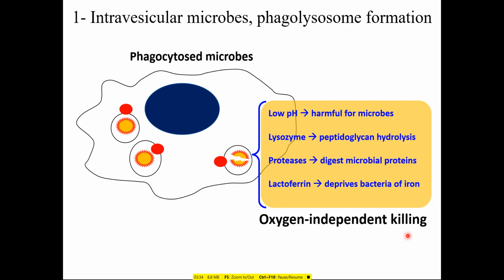Well, it's implied that we have other mechanisms which require oxygen, like reactive oxygen species, but the mechanisms that I'm showing you here do not require it. All right. So a lot of microbes are sensitive to the lysosome and its contents. Microbes which don't like to be there get killed easily.